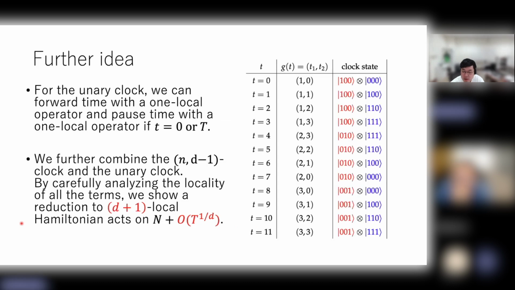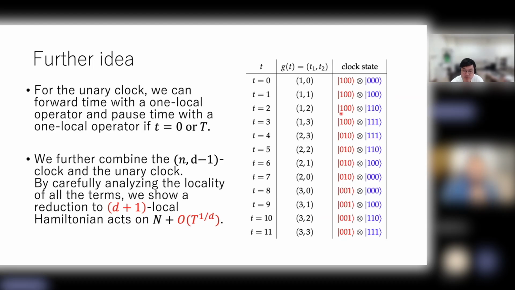In our main theorem, we claim a D plus 1 local Hamiltonian, so we need a further idea. This is a bit complicated, but we combine the ND clock plus a unary clock. This is an example of an N1 clock plus a unary clock.